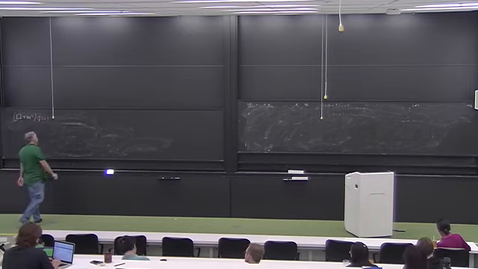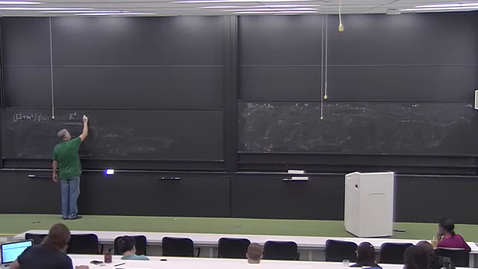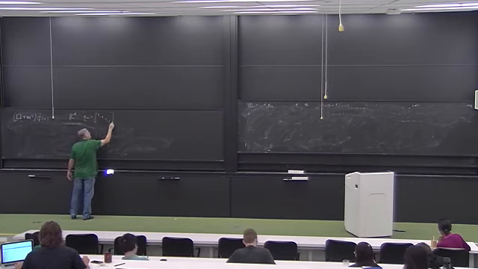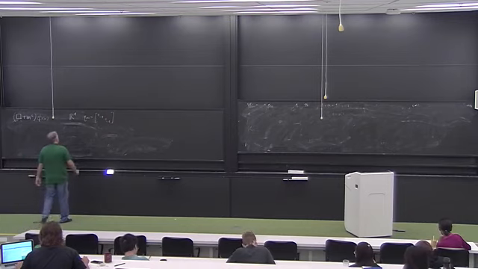The Minkowski spacetime R^4 is endowed with the metric eta, which has this signature in my conventions. Scalar products.